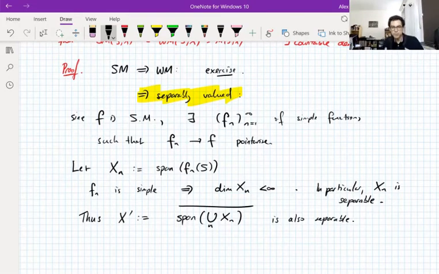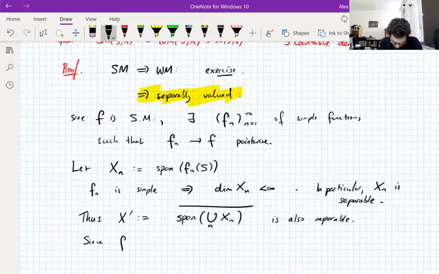Because if we take countable dense subsets for all of these xn's and we just take the union of the whole thing, we still have a countable subset and it's still going to be dense. You can check that in more detail if you want, but this process of generating a subspace preserves separability because everything is countable.